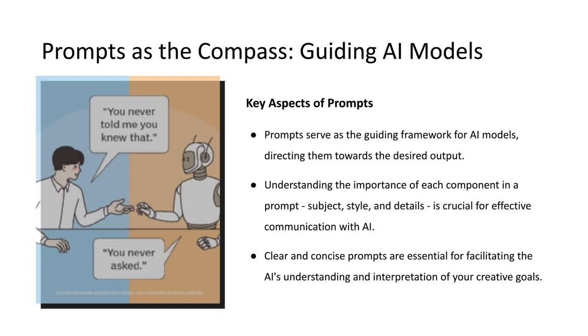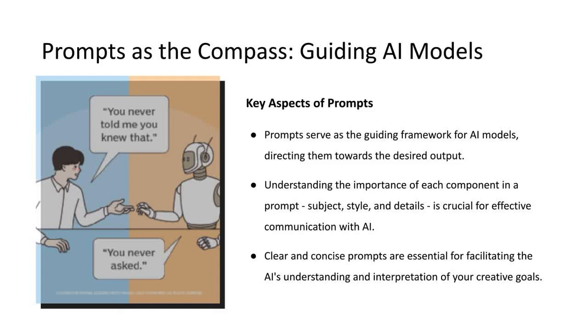Finally, details add depth and nuance: the dragon's scales shimmering with an iridescent glow, friends embracing with tears of joy. Mastering these components allows you to craft clear and concise prompts that the AI can readily understand and interpret. Vague or generic prompts might leave the AI guessing, resulting in outputs that miss the mark. But with well-defined prompts, you can effectively guide the AI towards your creative goals, fostering a collaboration that unlocks a world of artistic possibilities.